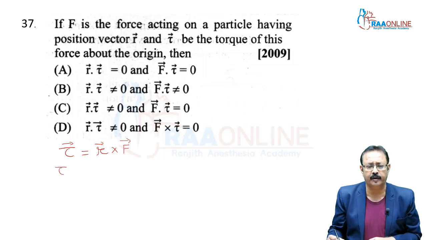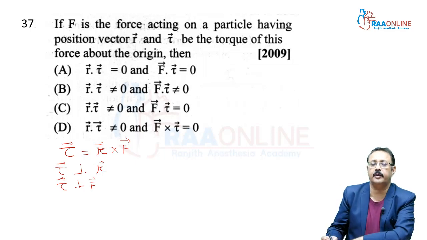It means torque should be perpendicular to the plane in which R and F lie. Torque should be perpendicular to R. Torque should be perpendicular to F because it is the result of cross product.